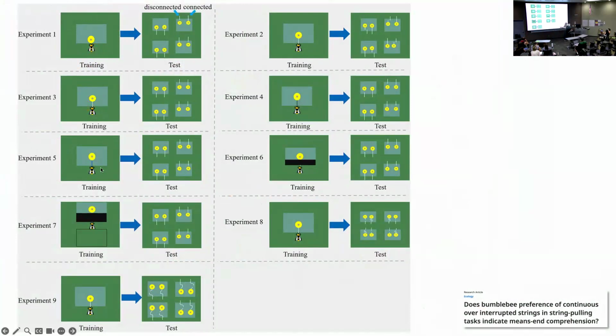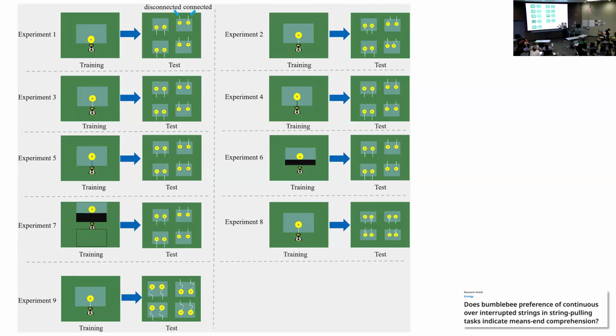There's also whether the string is blue or white. There are other training cases where they put tape over the top so you can't see the string through the table. And there are other cases, like back here, where they put the edge of the table so the bee doesn't have the ability to back up once they're in. So there's a bunch of different things they're doing.